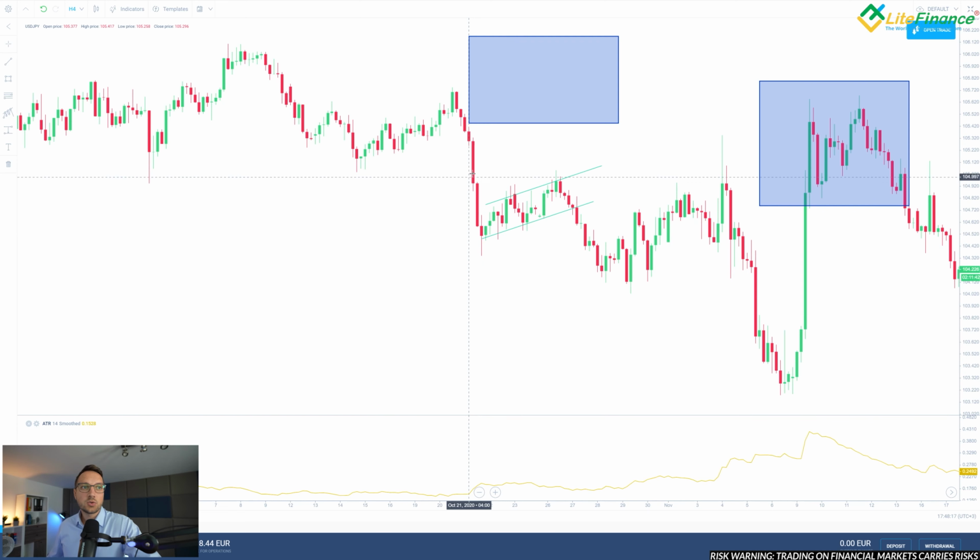So in this situation we have a continuation, because we have the strong move downward, and the flag is created in the opposite direction to the previous price move. So most likely it signals the continuation.